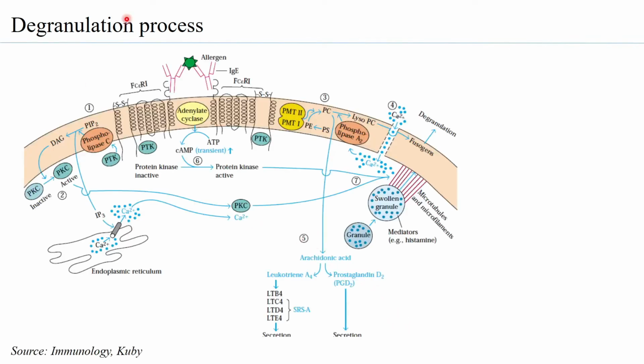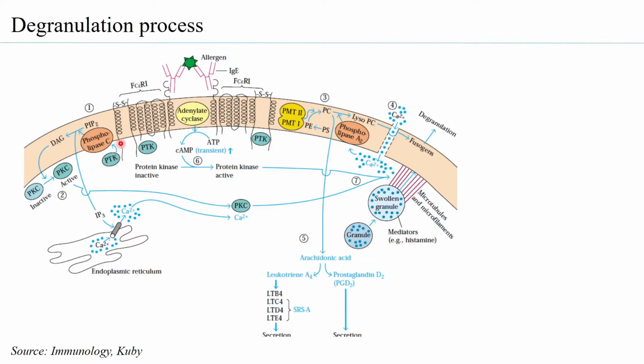Now the degranulation process itself, we'll just look at it in a little detail. So when you have the allergen binding to the two IgE molecules, which in turn are bound to two Fc receptors, as you can see over here, this is Fc receptor 1, this is also Fc receptor 1. So effectively the two IgEs are cross-linking the two Fc epsilon receptors, and when these two get cross-linked, the tyrosine kinases become active.